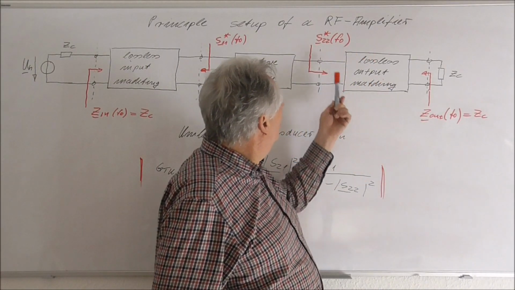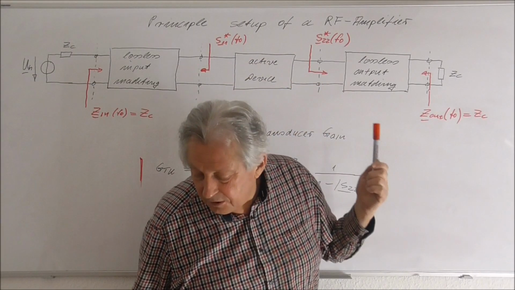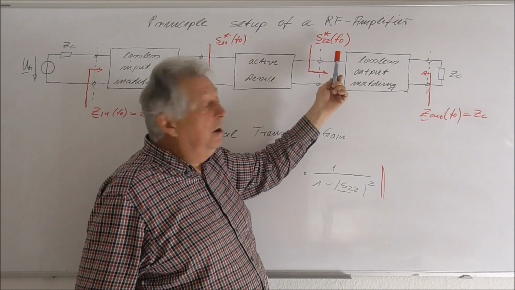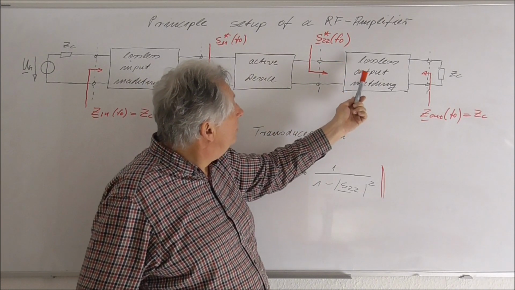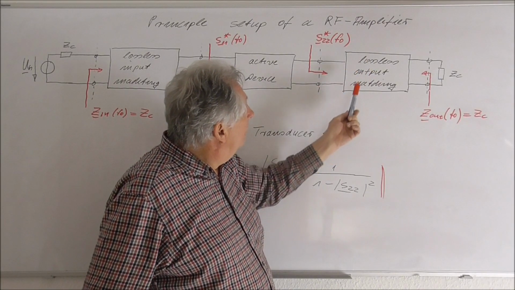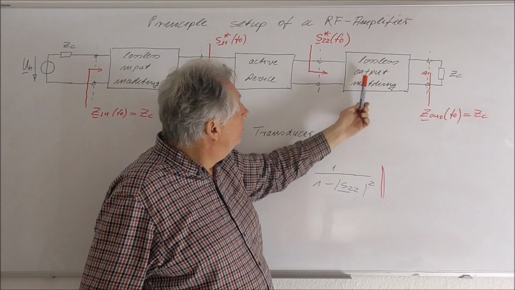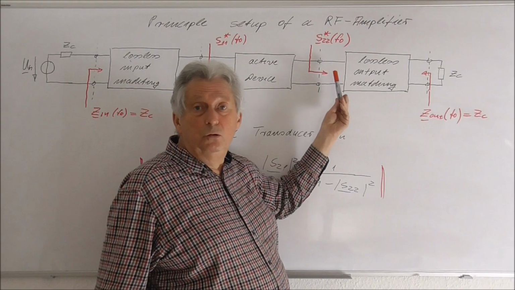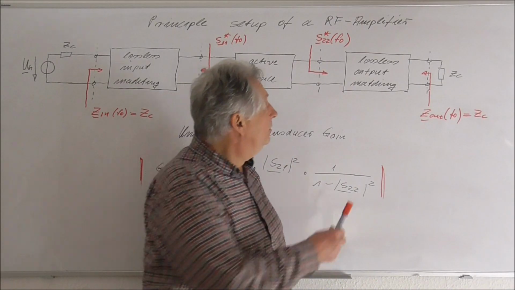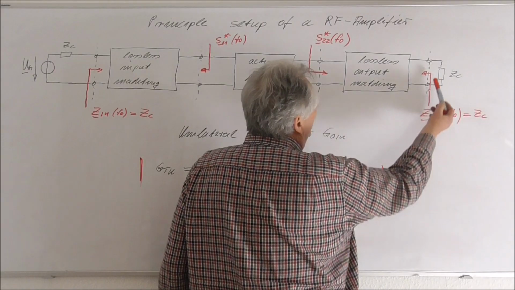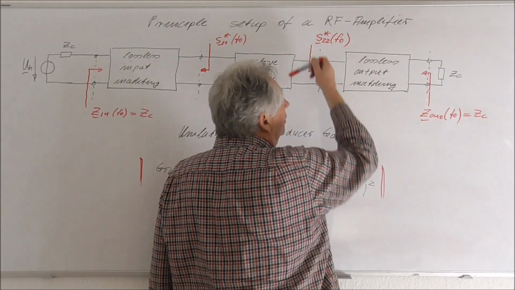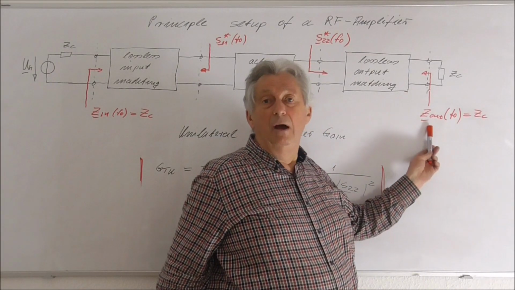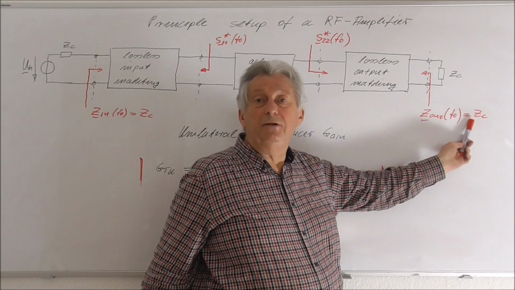Also the output, the active device wants to see as S22 conjugate complex at a frequency F0 if I see into this part of the circuit. And so we have to use a lossless output matching network to transform ZC into S22 conjugate complex. But this is equivalent to the point that if I have a look into this part of the circuit, that the output impedance at the frequency F0 must be equal to ZC.